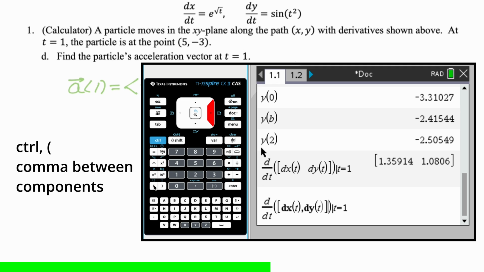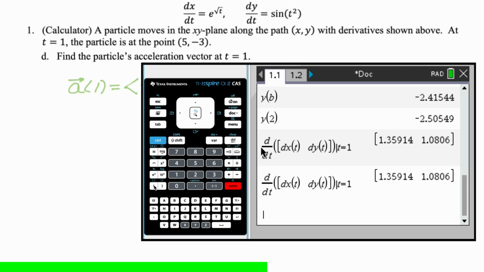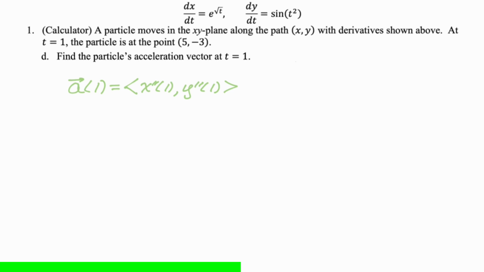And then dy of t, control enter. You can see we get the exact same answer. So either one of those approaches works, using the calculus menu is definitely faster, I would say, on the handheld. If you're typing on a keyboard, either one is plenty fast. Okay, I'm going to go back and just pencil this in. See you there. Okay, and we saw on the calculator that our answers look like 1.359, comma 1.081.